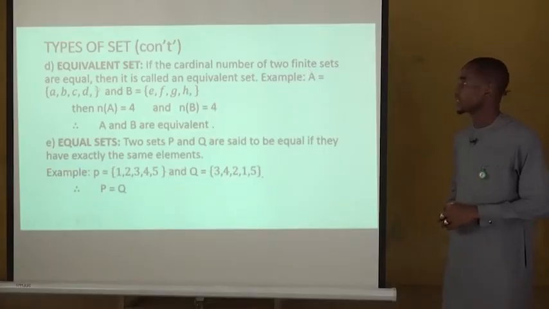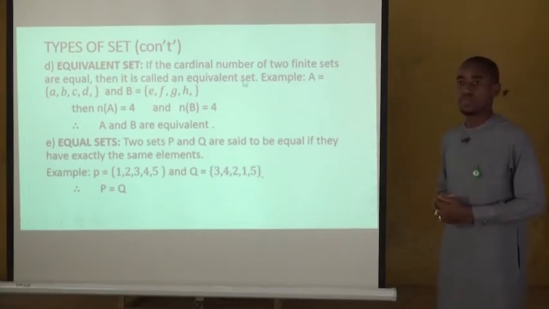D is equivalent set. We said equivalent set if the cardinal number of two finite sets are equal, then it is called an equivalent set.